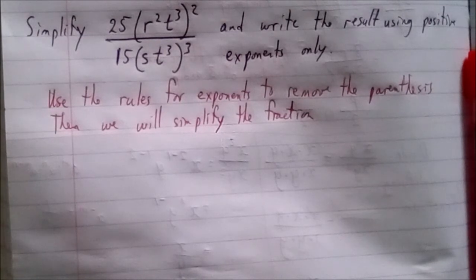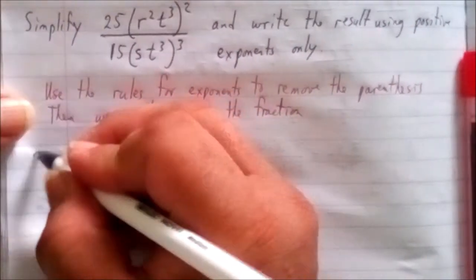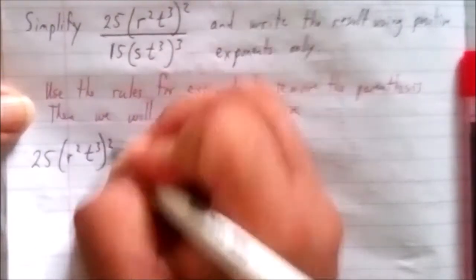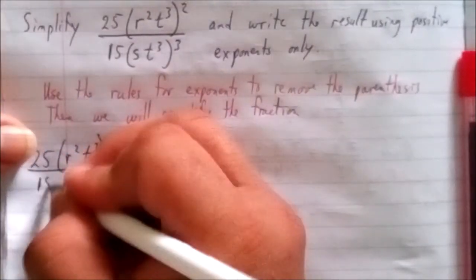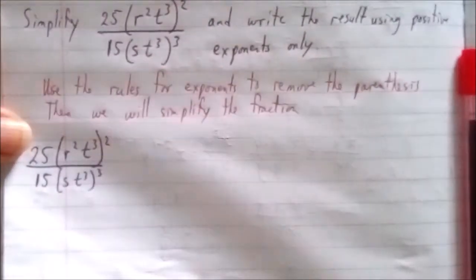Okay, so we're gonna write out the first one. I put 25 r squared t cubed squared over 15 s t cubed times cubed.